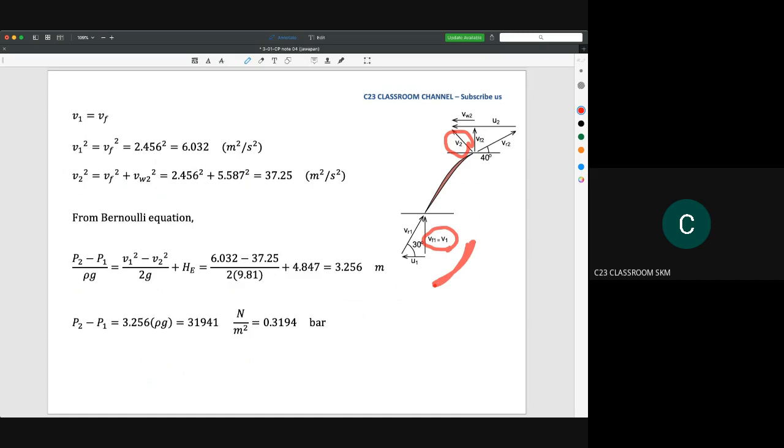So we can simply write V1 square is equal to VF square, and then it is equal to 6.032. Why do I calculate this in terms of V square? Because in the Bernoulli equation, we will use V square. It is okay for you to get the value of only V1 and then square it in the Bernoulli equation. So it is okay.